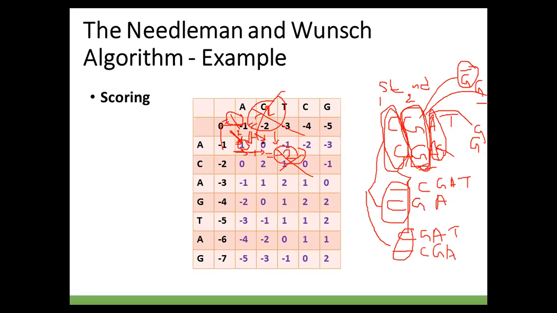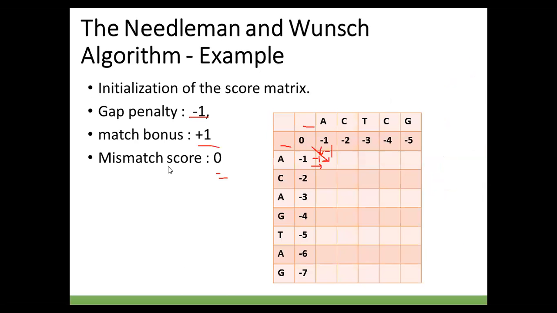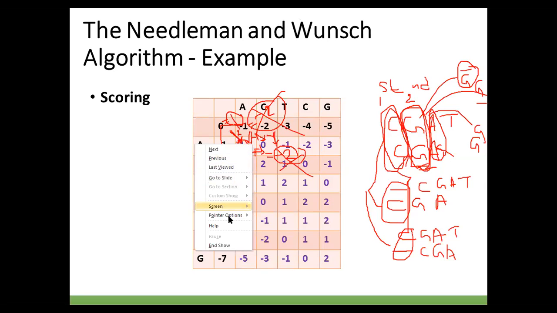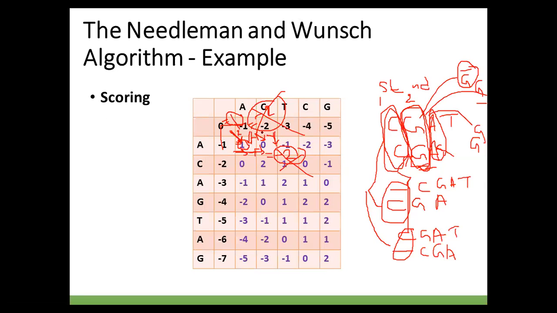So here you have to consider there's a gap in the first sequence. So we put -1 here, and gap in the second sequence, we put -1 here. You are coming from here, C and A, there's a mismatch. Mismatch score is, I can't remember, 0. Okay, 0 here. Now you have here -1, -1, and 0.